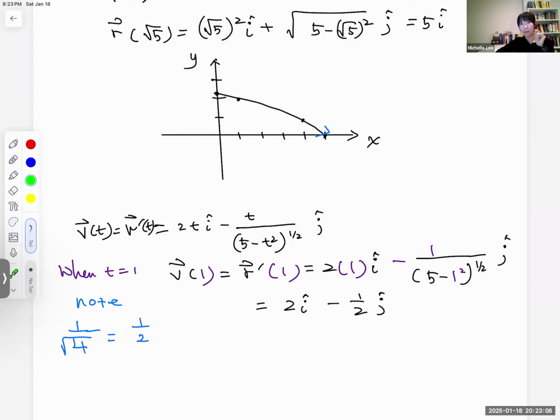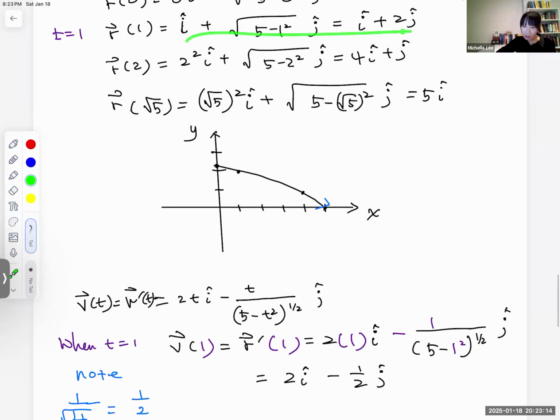We are sketching the velocity, right? From t equals 1. So when t equals 1, we have i plus 2j. So from here, we want to sketch 2i. So 2 units to the right from here.